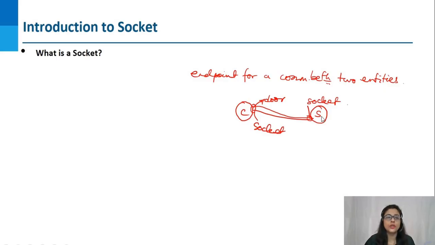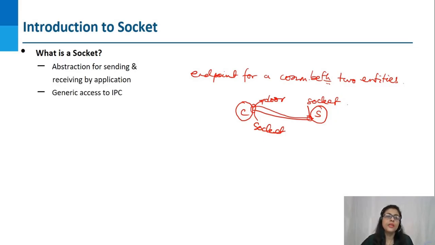So what is a socket all about? To understand, it is an abstraction for sending and receiving by an application program in a client-server application. It is basically a generic access to IPC. IPC stands for inter-process communication.